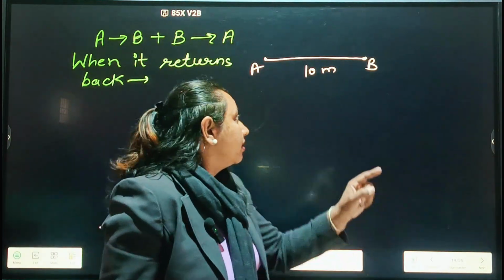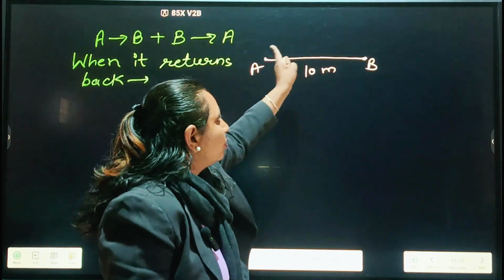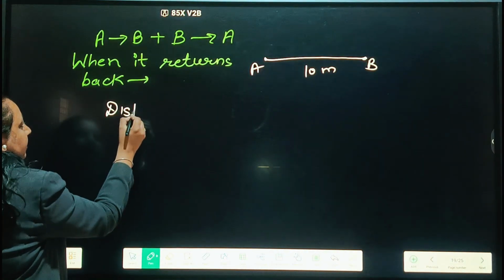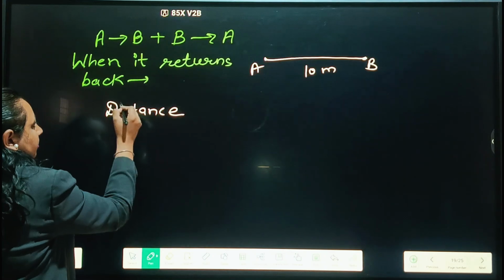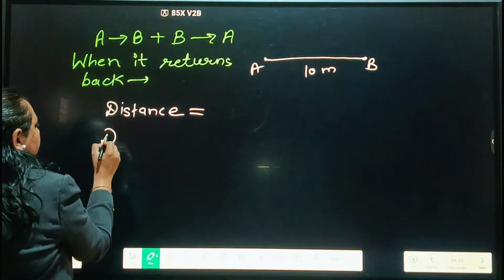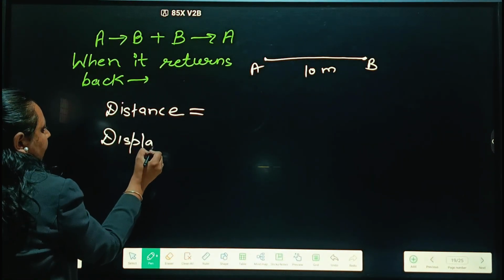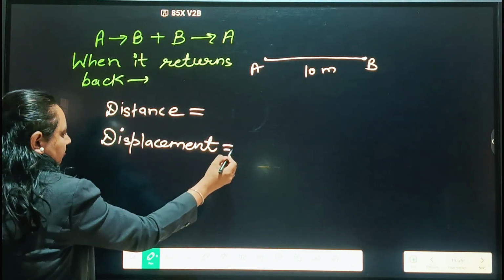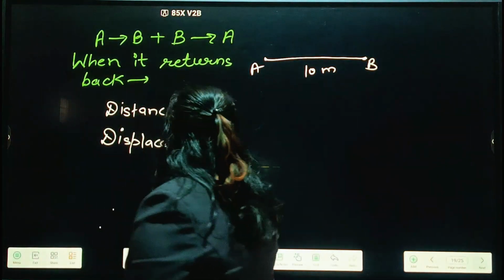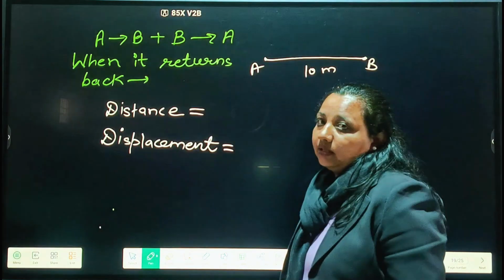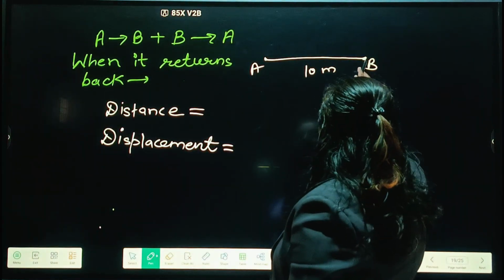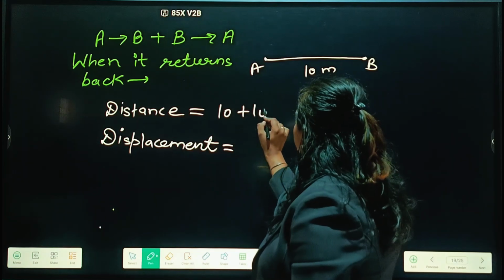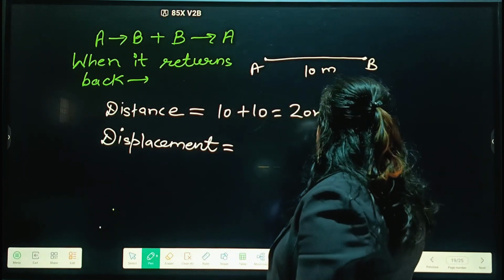When it comes back from A to B, then B to A again, then in this case what are the distance and displacement values? Distance in this case is the total path length, first A to B 10 meter, then B to A 10 meter, so 10 plus 10, that is 20 meter.